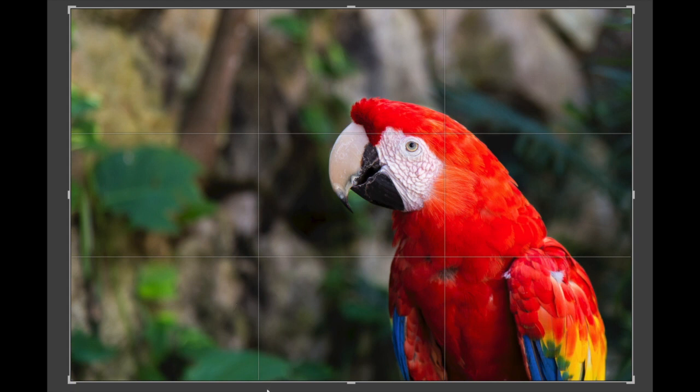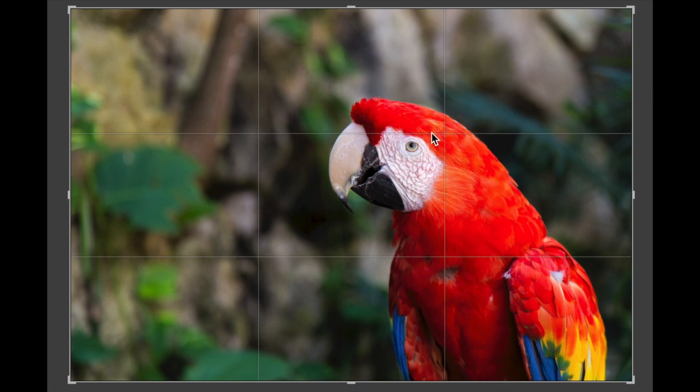We also have two lines running vertically, up and down here and here, and they separate the photo into three vertical thirds. So when we use the rule of thirds, we place our subject in one of the spots where the lines connect.